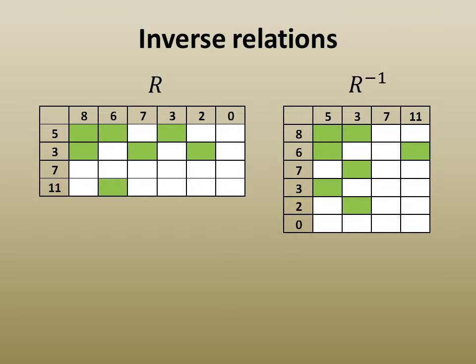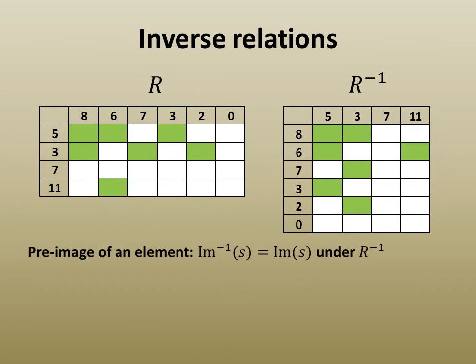We can use this concept to define the three senses of the word preimage much easier. The preimage of an element S of the codomain is the image of S under inverse R. So the image of 3 is a singleton containing 5.